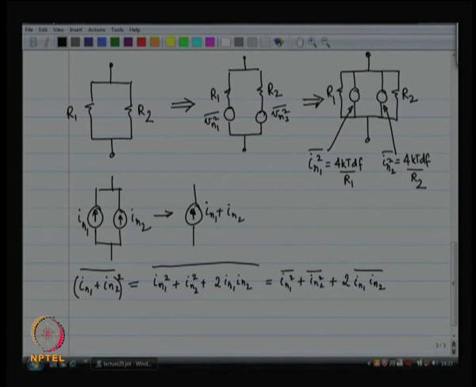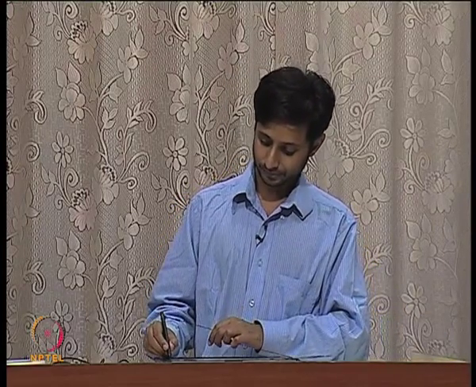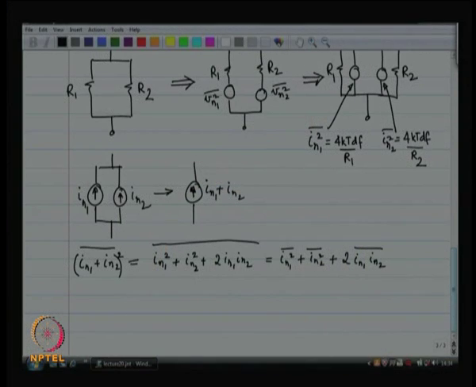The third term, the mean of In1 In2 is 0, because In1 and In2 are two independent random processes, they have nothing to do with each other. So, the cross correlation of In1 and In2 is equal to 0. So, this third term is equal to 0.